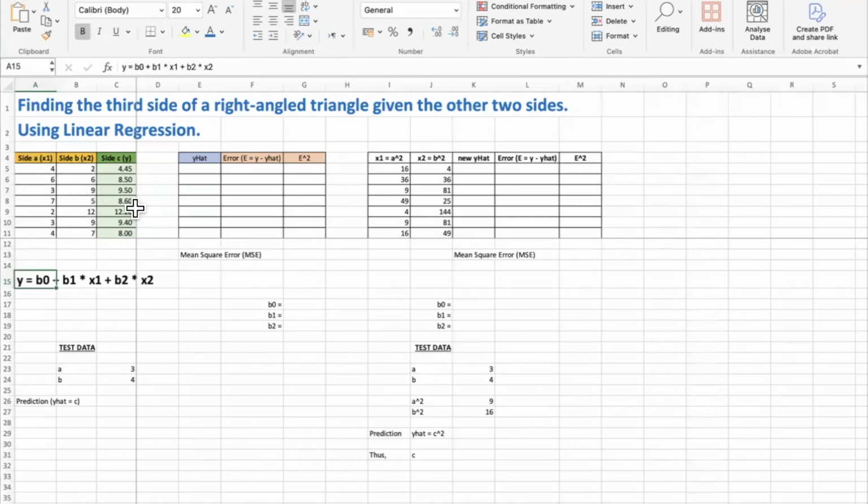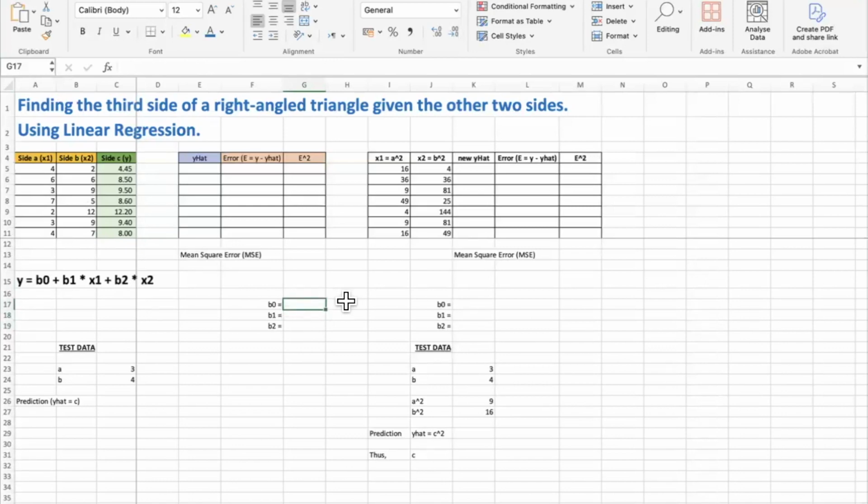So the machine will have to compute the values b0, b1, b2, because x1, x2 we have and y it has to calculate. So these are the three values what the machine has to calculate and understand how to create the model.